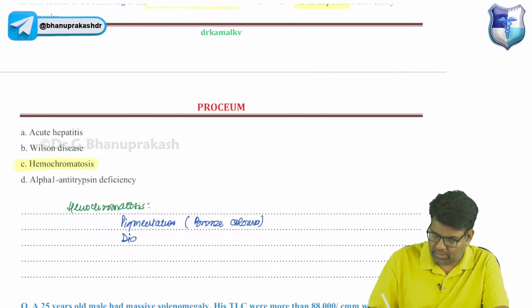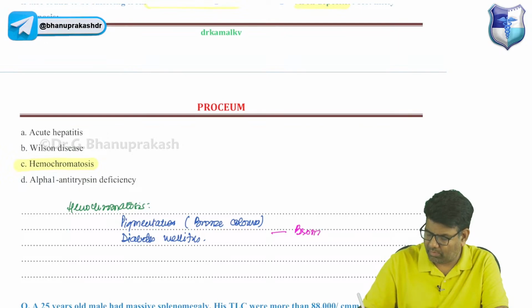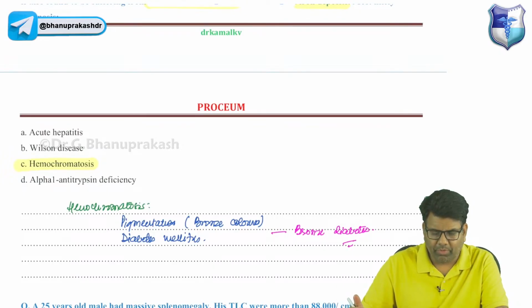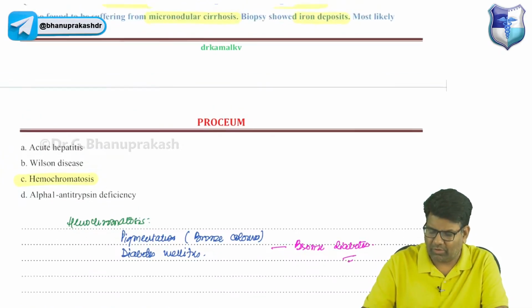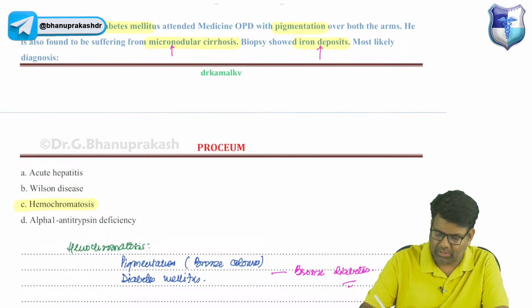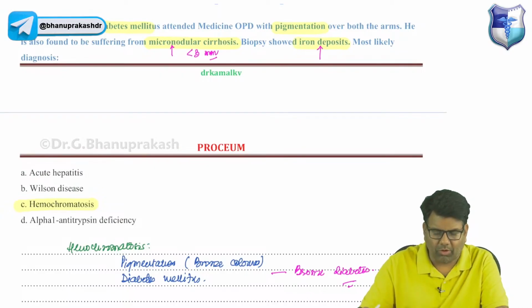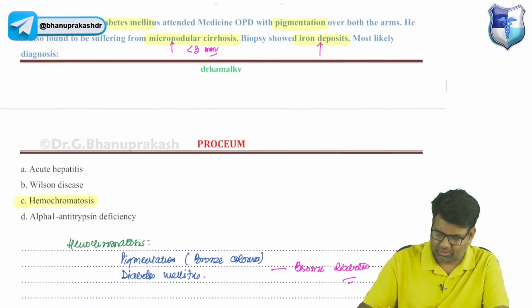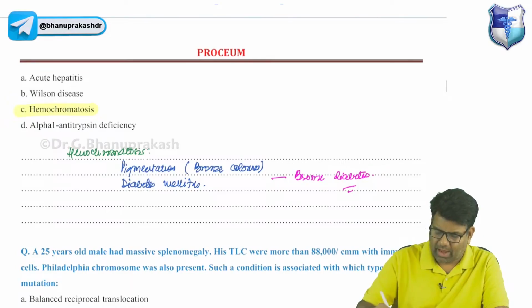There is diabetes mellitus. Therefore, the collective term is bronze diabetes. There is also an iron load, with iron deposits. The patient can have micronodular cirrhosis, in which the size of nodules is less than 3 millimeters. This is micronodular.